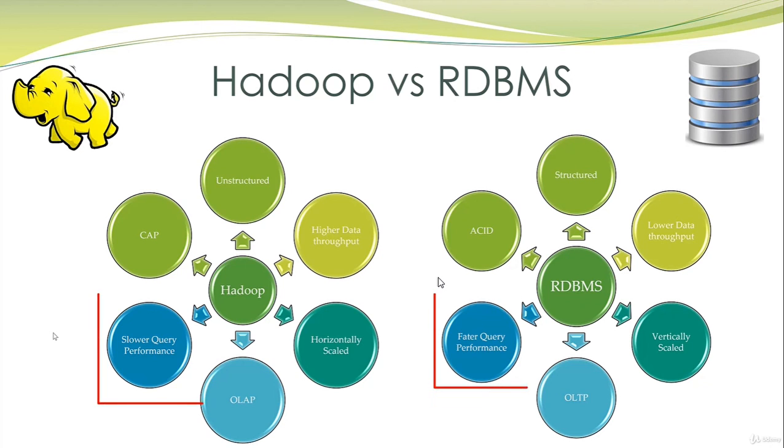Query performance. Generally, relational systems offer a lower data throughput but faster query performance. It's lower because, especially in the case of symmetric multiprocessing systems like Azure SQL database, you have just a single virtual server, so compute is bottlenecked.